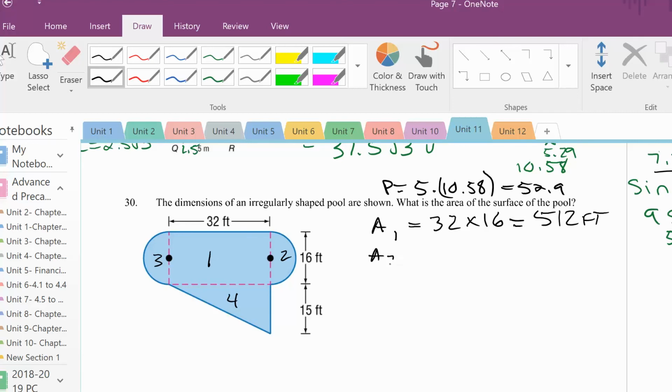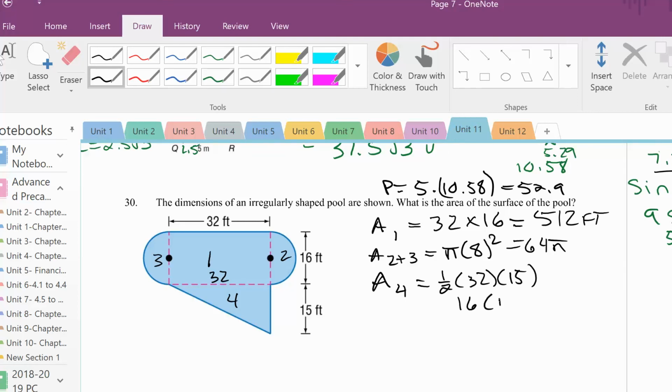Now the area of the semicircle, well, if we put 2 and 3 together, we actually get a full circle. So if we'll say area of 2 plus 3, which is the circle, remember that's pi times r squared. Well, the radius is 8, so therefore it's 64 pi. And then the area of the triangle, well, the base is 32 and the height is 15, so it's 1/2 32 times 15.